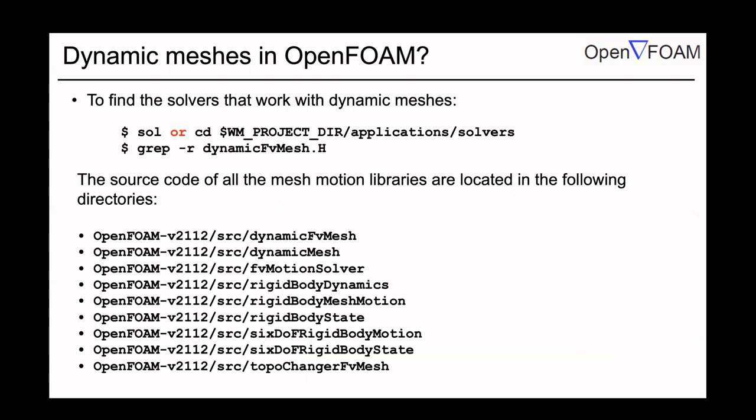So that will give you an idea what are the different types of problem you can solve within OpenFOAM. So one is, for example, rigid body dynamics, 6 degrees of freedom rigid body motion. This basically is a coupled FSI calculation, and there are many more. Okay, so this is how you should search different capabilities within the OpenFOAM directory.